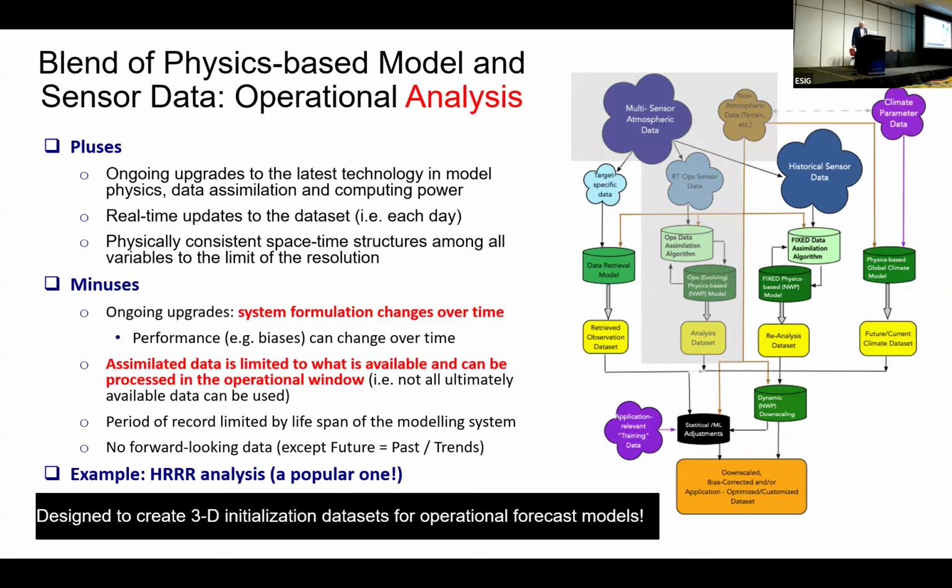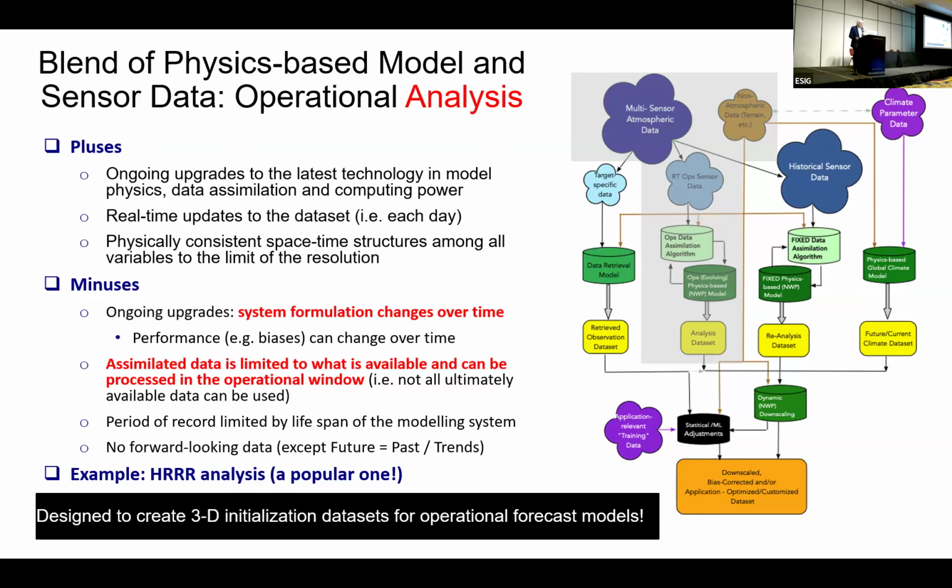One is what we will call an analysis data set, and this is based upon the operational weather prediction models. Every model cycle, they do generate an analysis that represents the state of the atmosphere to initialize the model. So you have ongoing upgrades to the latest technology in model physics and data assimilation, computing power, and you get real-time updates to the data set.